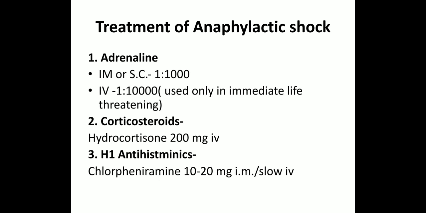Drug of choice is adrenaline, given IM or subcutaneous, 1 in 1000. But in life threatening cases, you may use 1 in 10,000 or 1 in 100,000, only by IV. Then adjunctive treatment is a corticosteroid like hydrocortisone and H1 antihistaminics, because this is an allergic type of reaction. You can use chlorpheniramine IM or slow IV.